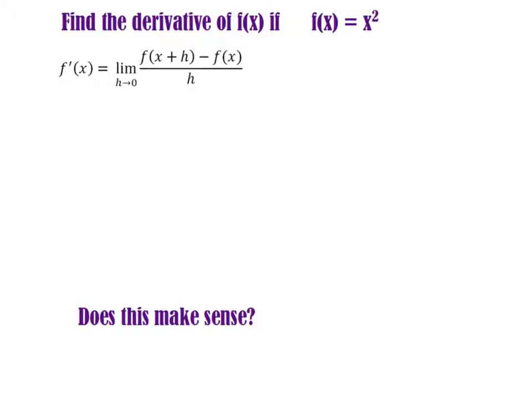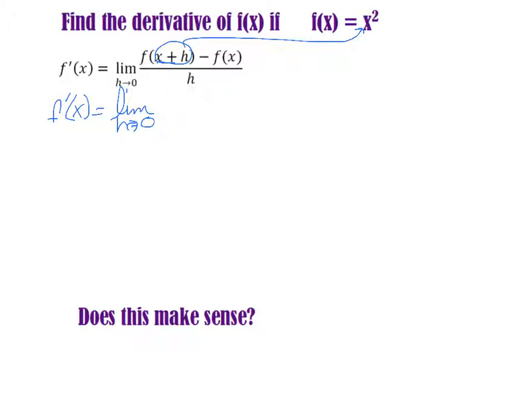We're going to find the derivative, so nice notation. Start off and say the derivative is equal to, keep the limit in there because that's what makes it the instantaneous velocity. That's what makes it the slope of the tangent line. And then I'm going to have f of, and I take this x plus h and I plug it in right there. And I'm going to have x plus h squared.